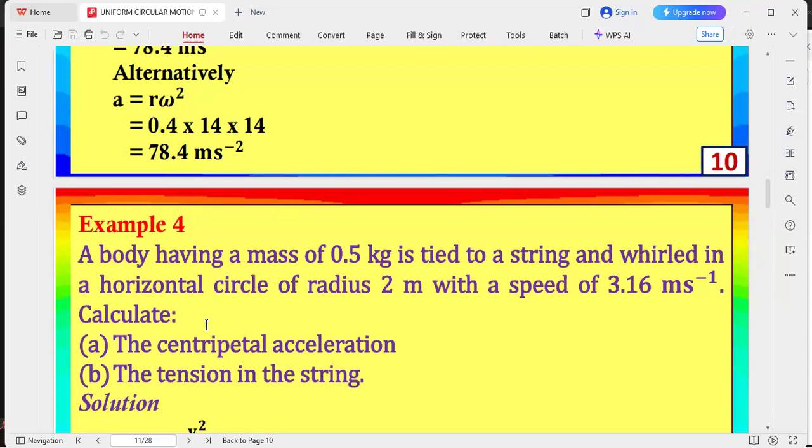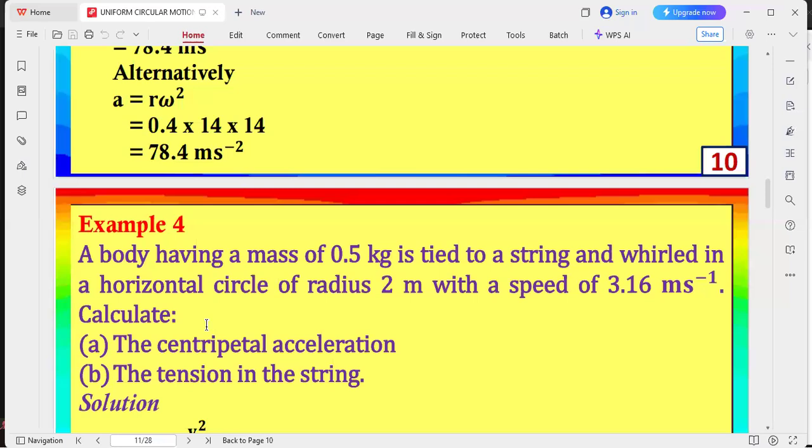The second way is we know that v equals omega r. Therefore, when we replace v with omega r, we have F equals m times omega r squared over r. When we simplify this, we have F equals m omega squared r.